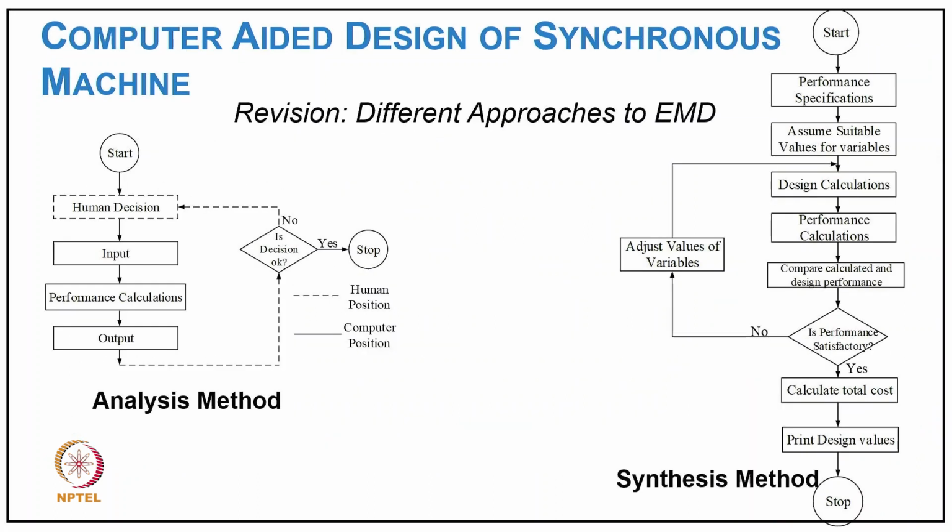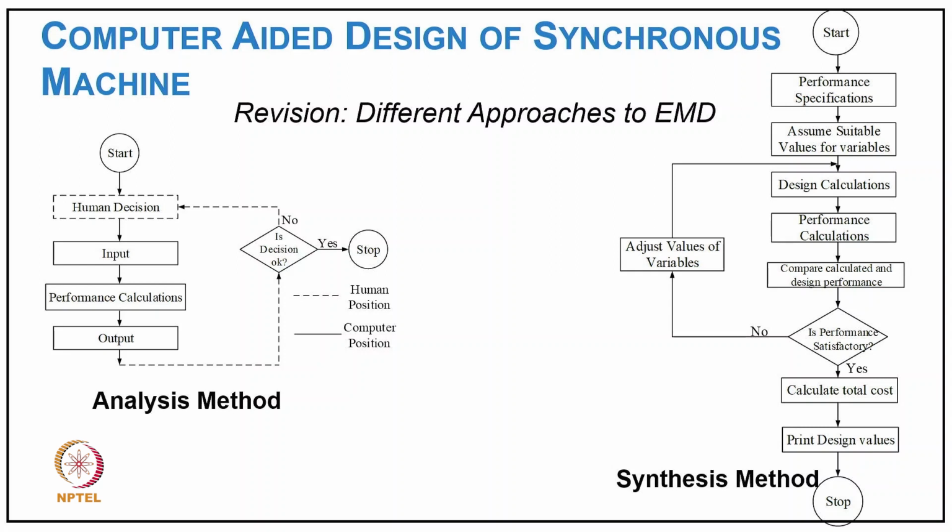Typically, here is a different approach for the analysis method, which starts from a human decision, then input, performance calculation, output, and after that a human decision either to quit or to continue in an iterative manner. However, in the synthesis method, this decision is also given to the computer algorithm itself.